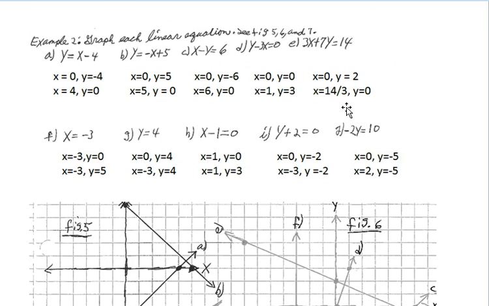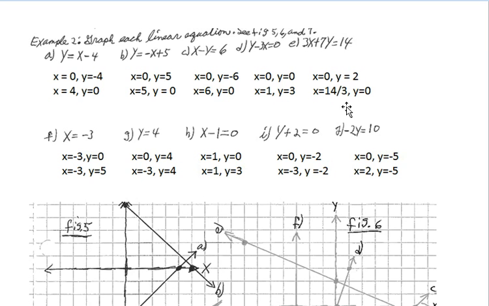Then we'll move to E. E has the equation 3x plus 7y equals 14. Again, we'll get the intercepts. We can get the y-intercept by letting x equal 0, in which case we get y equal to 2.